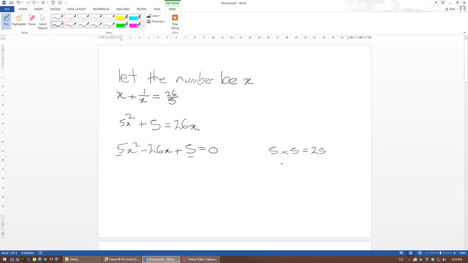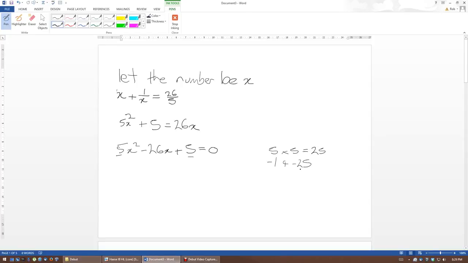Now I need to come up with two numbers that when times together are 25 and added together are minus 26. Now those two factors are going to be minus 1 and minus 25. So those factors, let's just check.